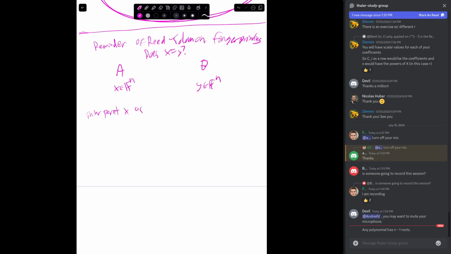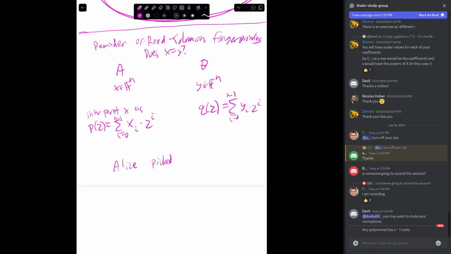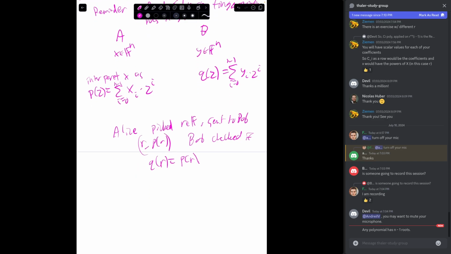So interpret X as a univariate polynomial P of Z, whose coefficients are the entries of X. Interpret Y as a univariate polynomial Q of Z, whose coefficients are the entries of Y. And then Alice just picked a field element R at random and sent Bob R and P of R, and Bob checked whether Q of R equals P of R, and he said, if they agree at R, then I'm going to assume they're literally the same polynomial.